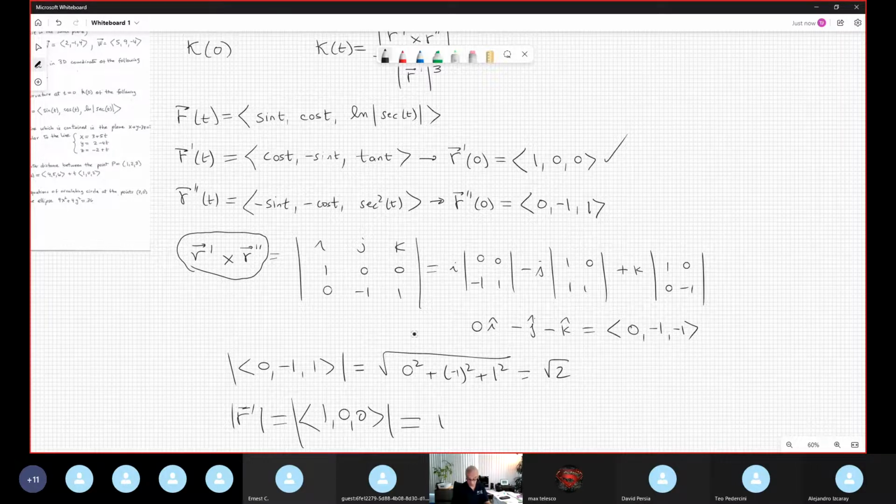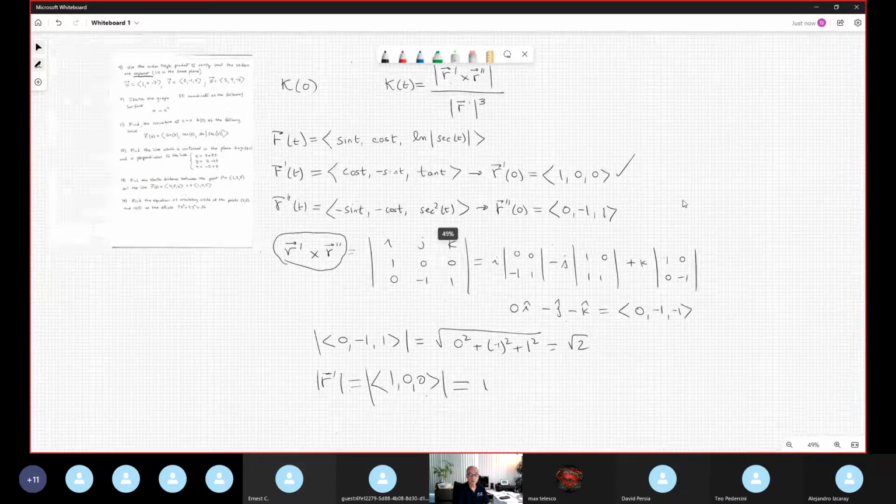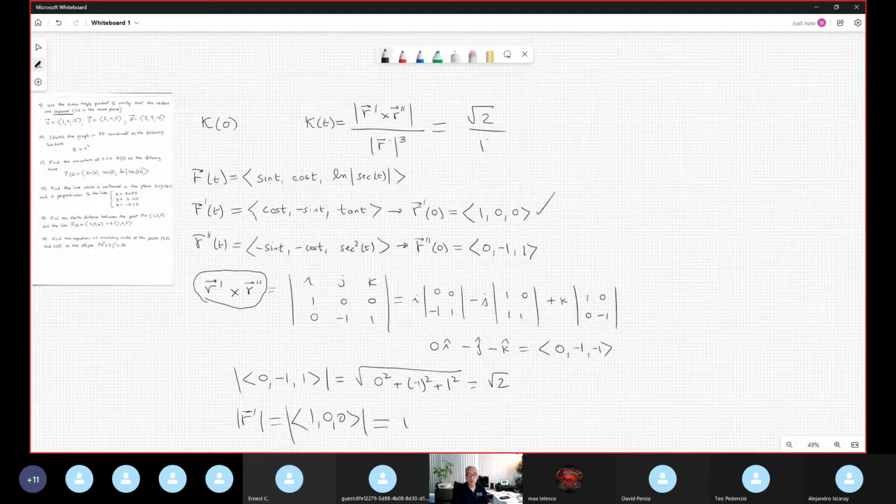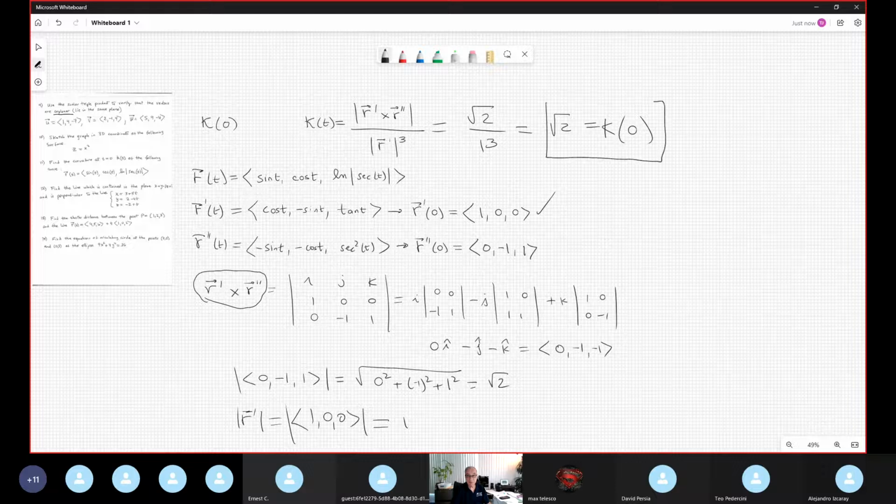Now, the curvature, let's come back to the beginning. The curvature is radical 2 divided by 1 cubed, and 1 cubed is 1, so it's radical 2. And that's the total curvature of this curve at t equals 0. It's our goal, no? In the program.